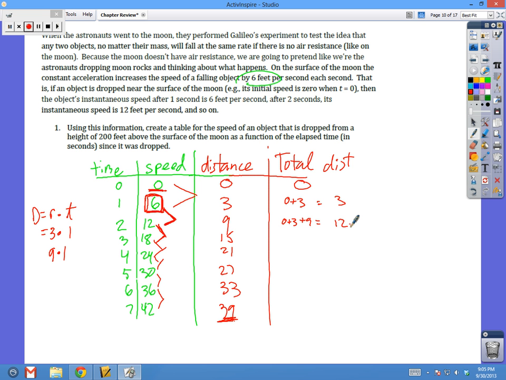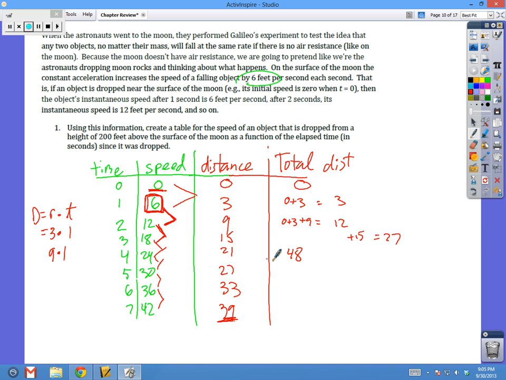Now to this 12, I'm going to add 15. And then to that total, I'm going to add 21. So 27, 29, 48. It's kind of getting disorganized. So we're going to go 48 right here.